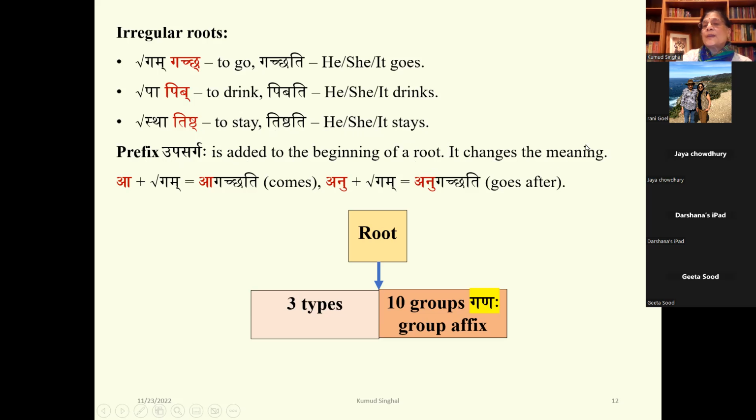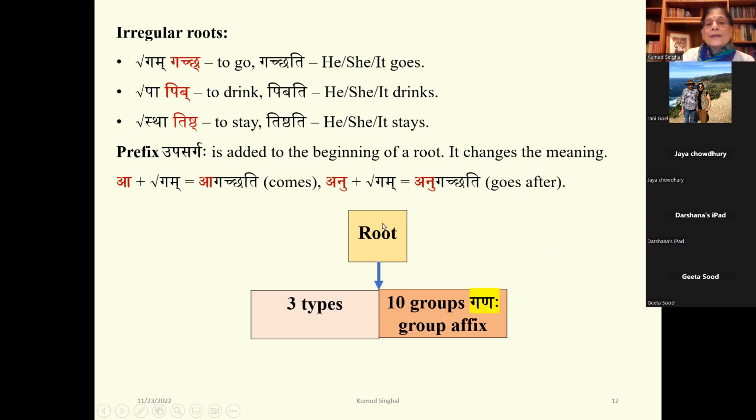It changes the meaning. For example, if you add a to the dhatu gam, agachati means comes. Gachati means to go, and agachati means comes. If you add the prefix anu, then anugachati means goes after.